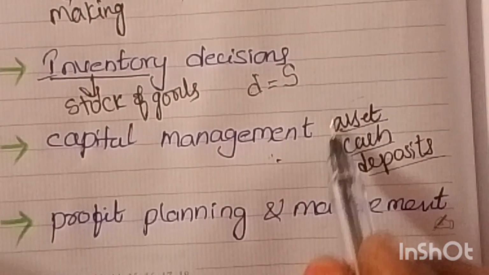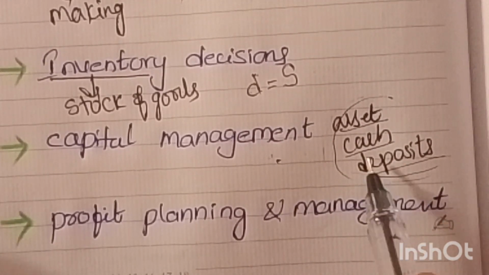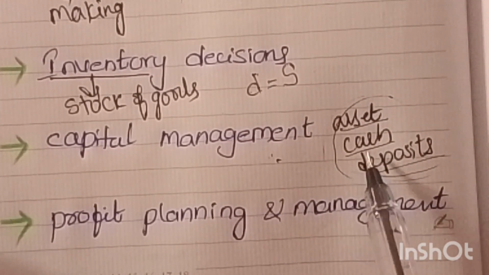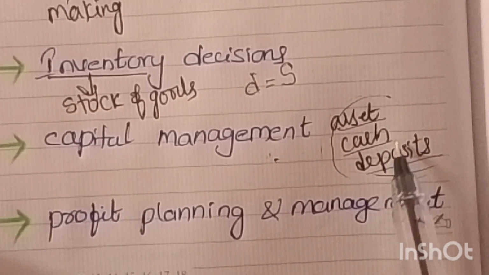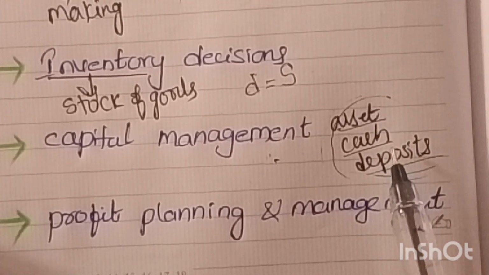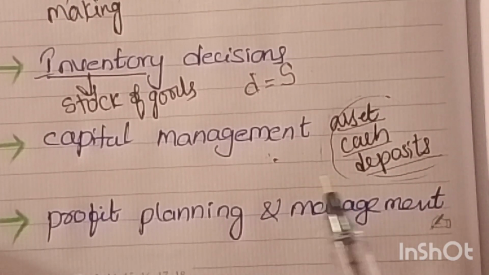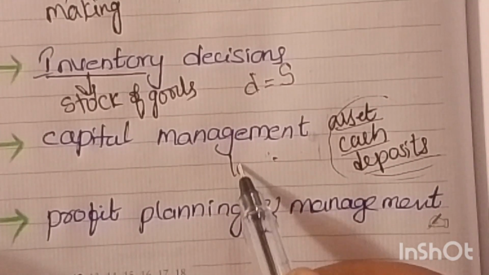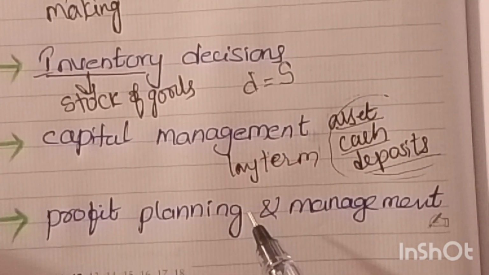So these are our organizational financial resources, used to get more profits, to maximize the profits. Only then will the company sustain in the long term. Otherwise the company will shut down within months.